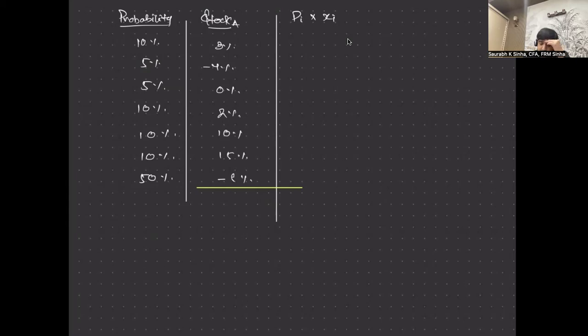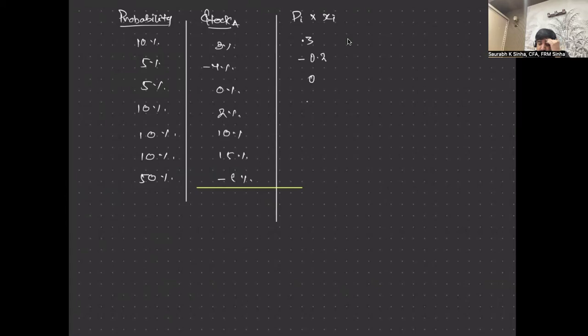It's up to you, whatever notation you want to use. So 10% into 3% will become 0.3. 5% into minus 4% will become minus 0.2. Then 0 will become 0.